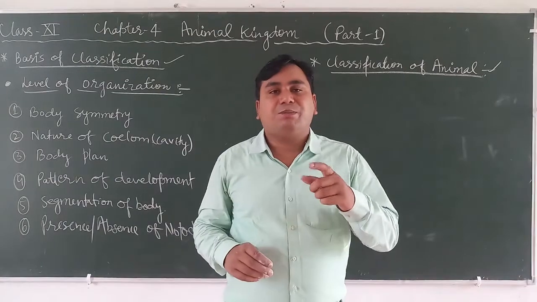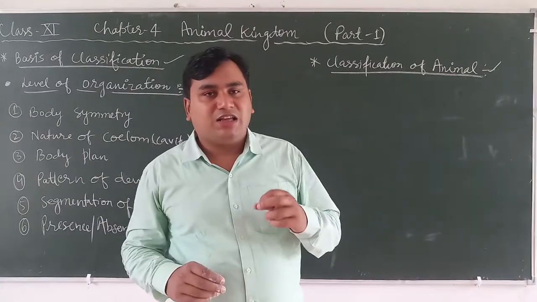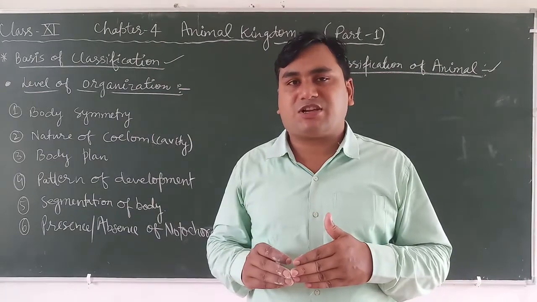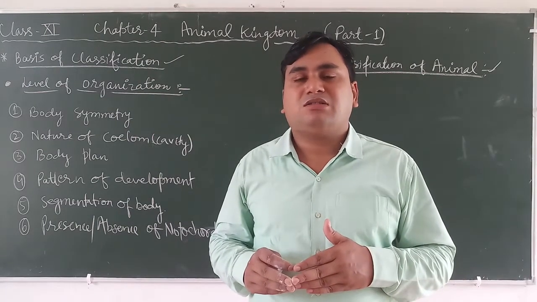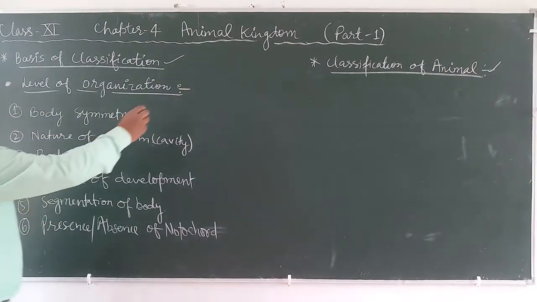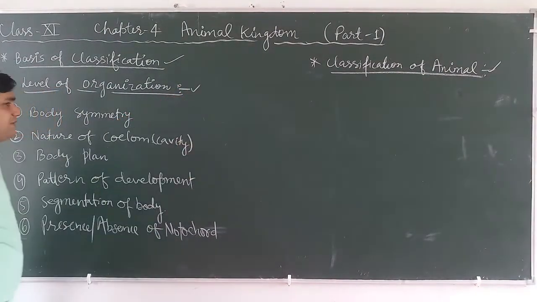So let us go one by one. First topic, basis of classification. Here the following different bases of classification are there. First one is the level of organization. On the basis of level of organization there are the following categories that are helpful in the classification of animals.